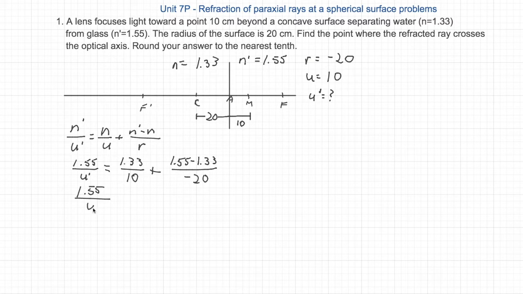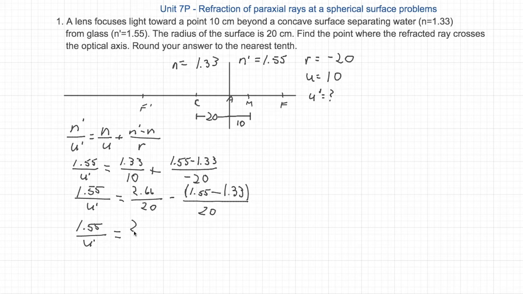And let's choose 20 as our common denominator for the right side of the equation. And let's get rid of the parentheses.